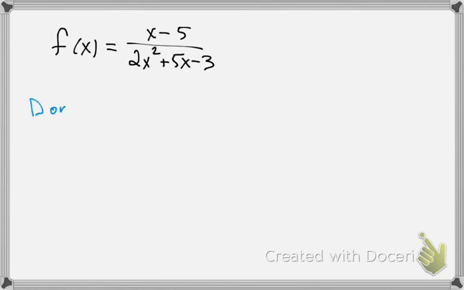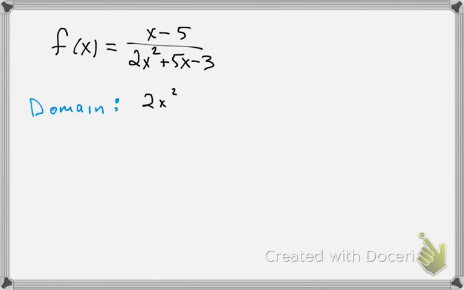What if I gave you f of x equals x minus 5 over 2x squared plus 5x minus 3? And all I'm asking you for here is the domain. Well, denominators cannot be 0.